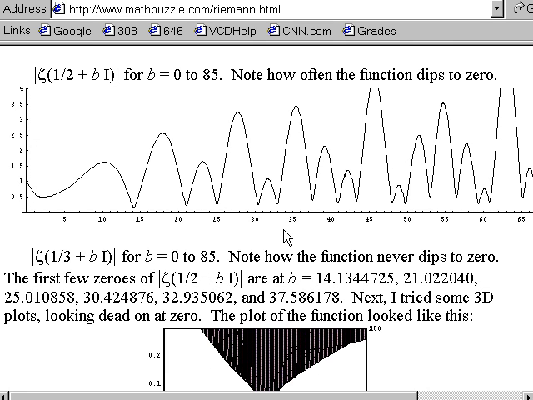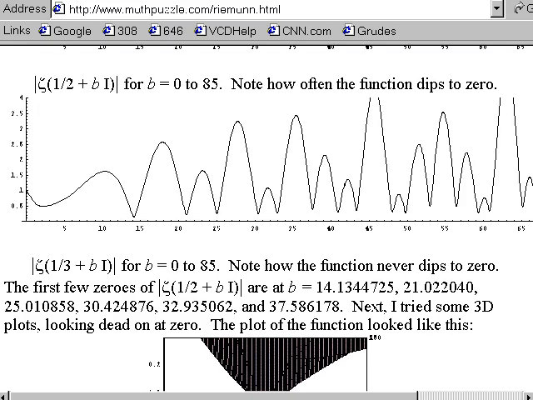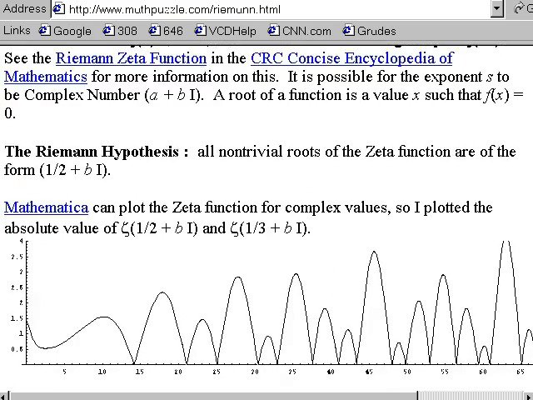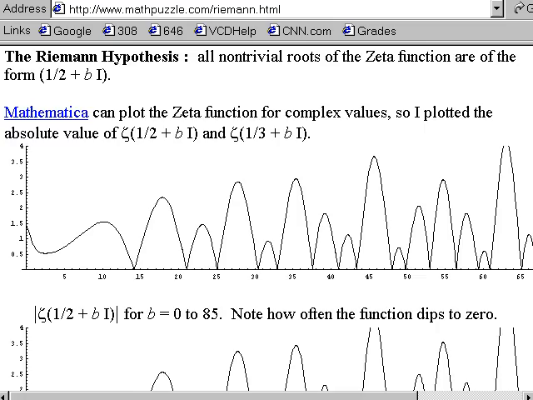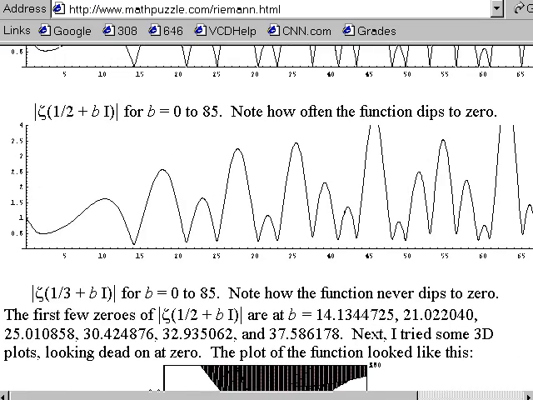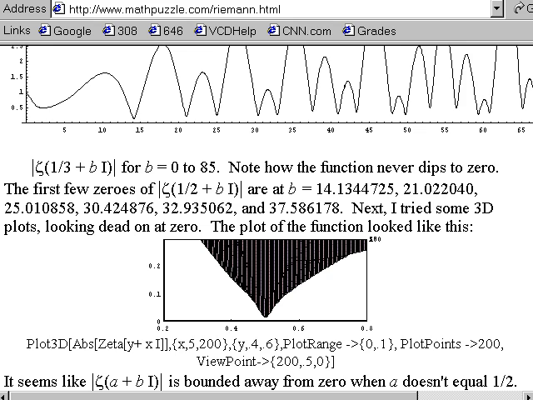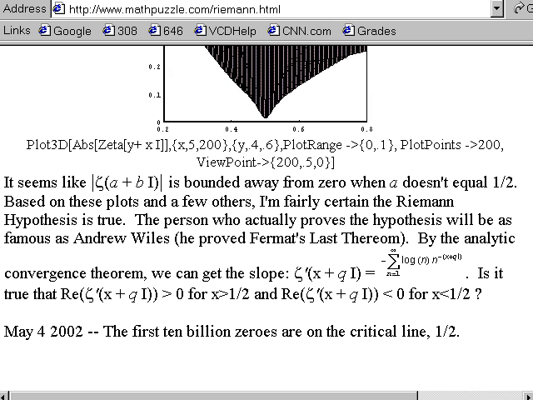If you put in a third, there are no zeros. So the conjecture was that all the interesting zeros of zeta have real part equal to 1/2. That is, all the zeros lie on the line where the real part equals 1/2.